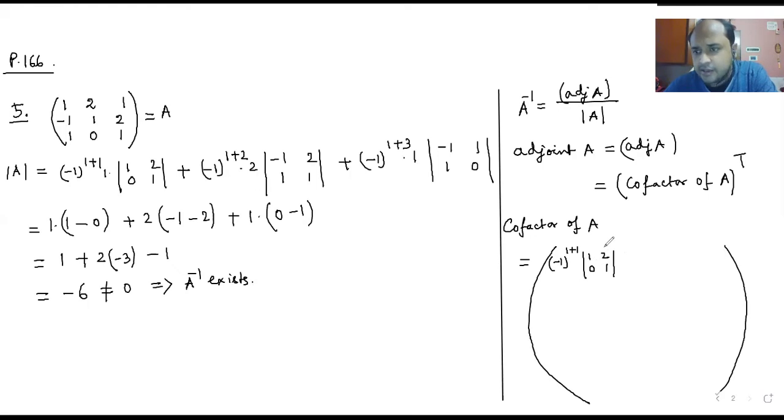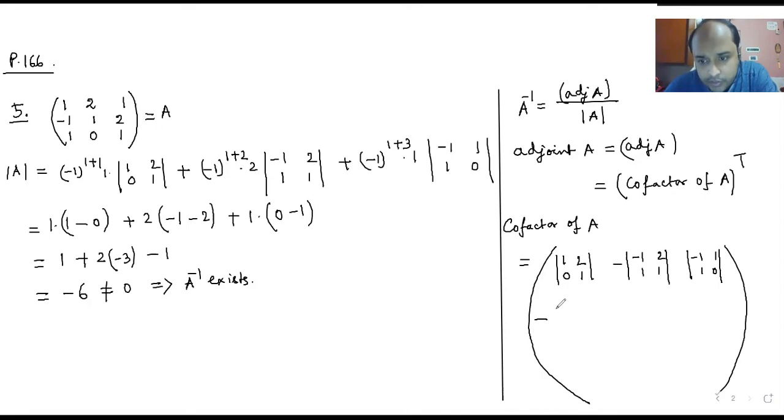Just to save space, let us not write the positive and negative signs, because you know how they come. So the first term will be positive, 1, 2, 0, 1. The second term would be negative, -1, 2, 1, 1. The third term will be positive, -1, 1, 1, 0.